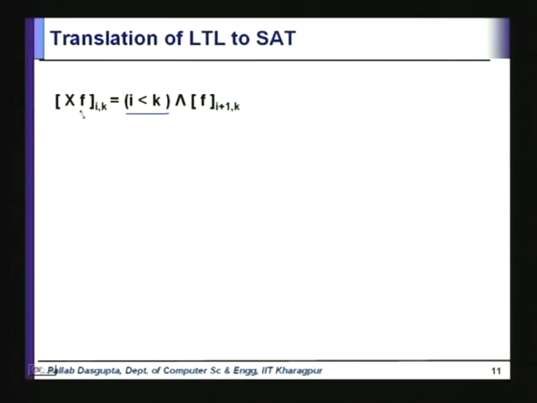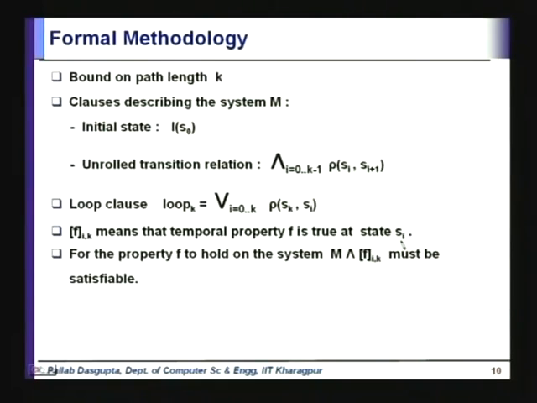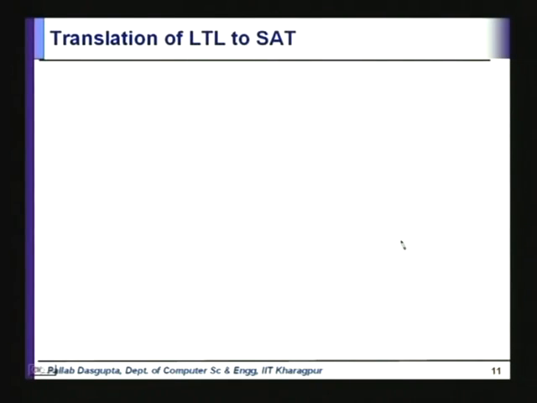What does F_i^k indicate? It means the temporal property is true at state Si. What is this Si? These are the cycles S0, S1, S2, S3. Each time frame, state Si means the ith time frame. So, XF_i^k is true at the ith time frame if F is true at the i plus 1th time frame.